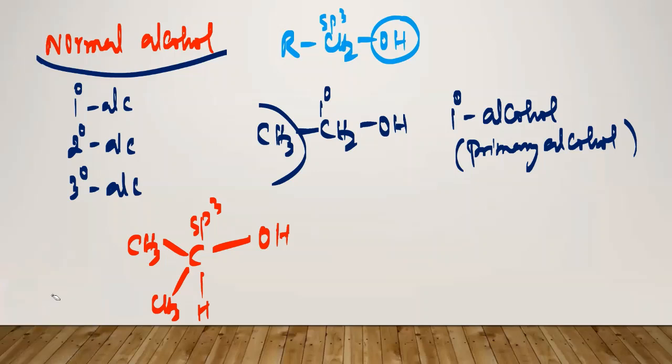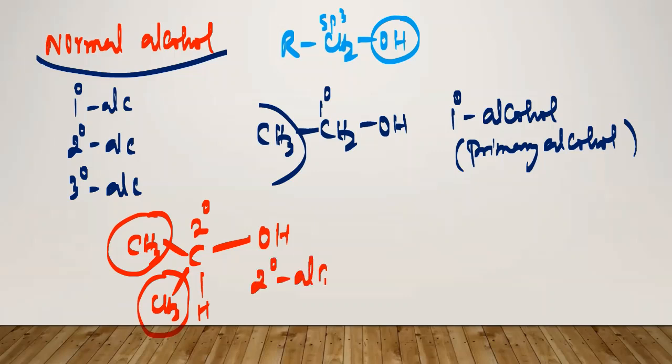So I will mention it: the sp3 carbon is a 2 degree carbon because it's attached to 2 carbon atoms directly here. So it's a 2 degree carbon. So the alcohol will be a 2 degree alcohol, or you can also call it a secondary alcohol.